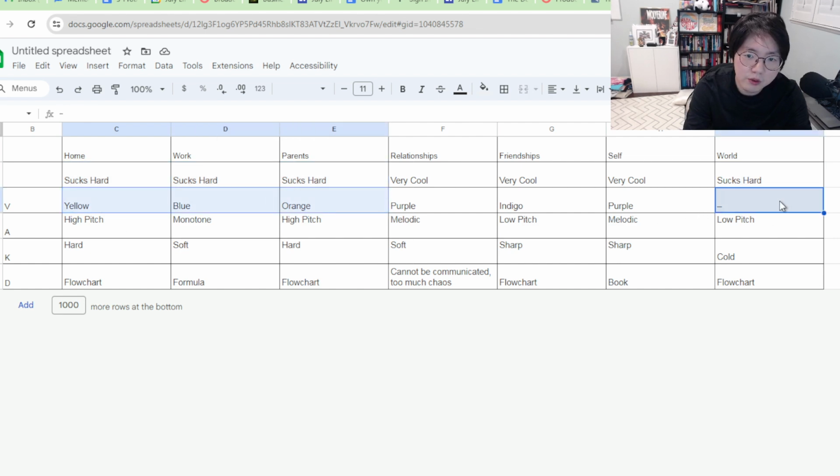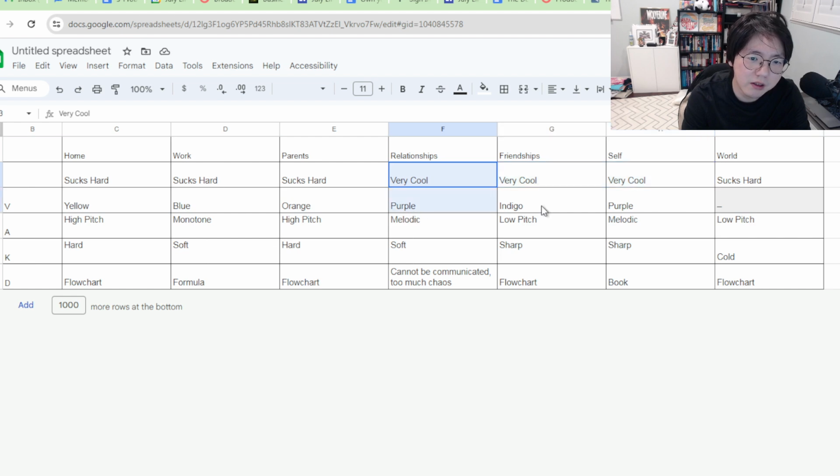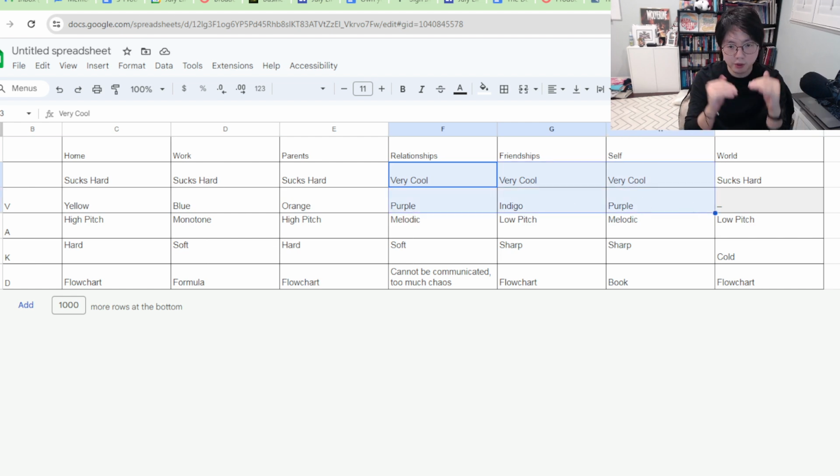Normally there is. For example, the very cool things here all seem to be in the purple-indigo end of the rainbow spectrum. So the very cool things have a similar hue, which makes me think this person can potentially be a visually oriented thinker.